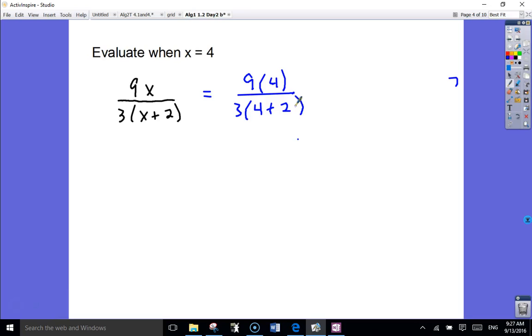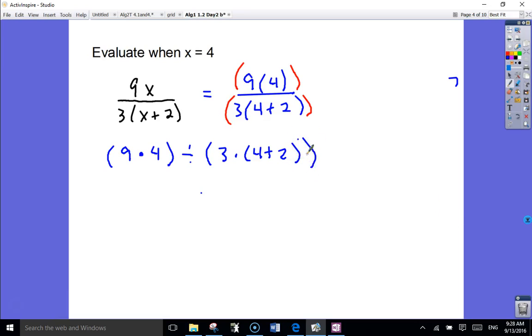Based on what we just saw on the last slide, it's kind of like there's implied parentheses here, right, and here. Matter of fact, you could rewrite it like this: 9 in parentheses, 9 times 4, divided by 3 times 4 plus 2.